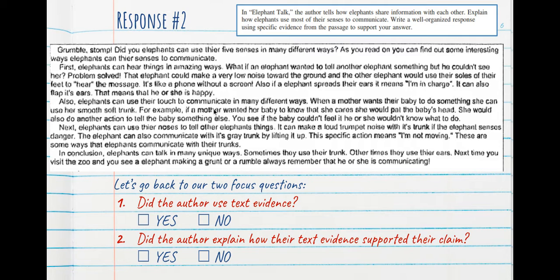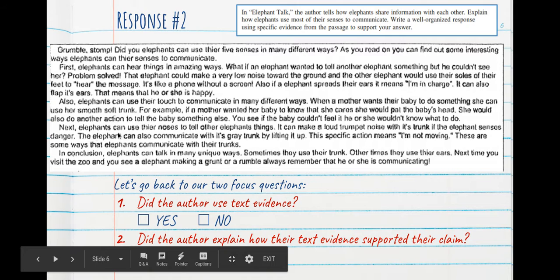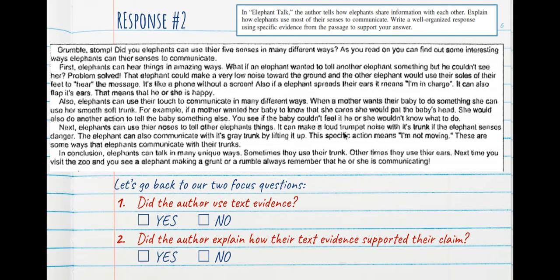Also, elephants can use their touch to communicate in many different ways. When a mother wants her baby to do something, she can use her smooth, soft trunk. For example, if a mother wanted her baby to know that she cares, she would pat the baby's head. She would also do another action to tell the baby something else. You see, if the baby couldn't feel it, he or she wouldn't know what to do. Next, elephants can use their noses to tell other elephants things. It can make a loud trumpet noise with its trunk if the elephant senses danger.